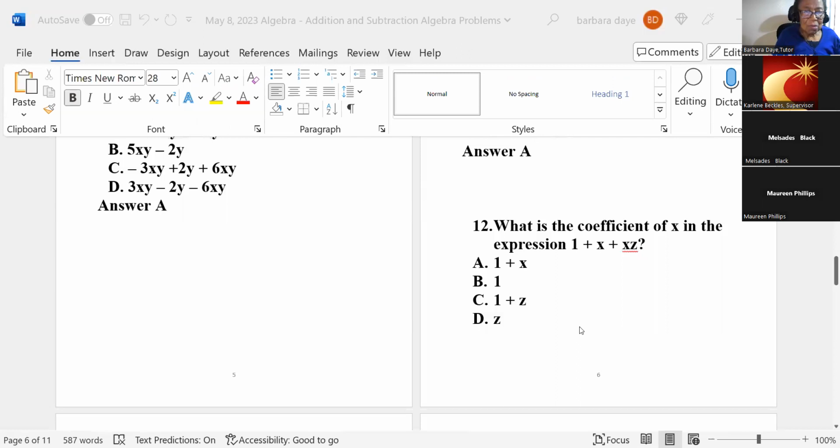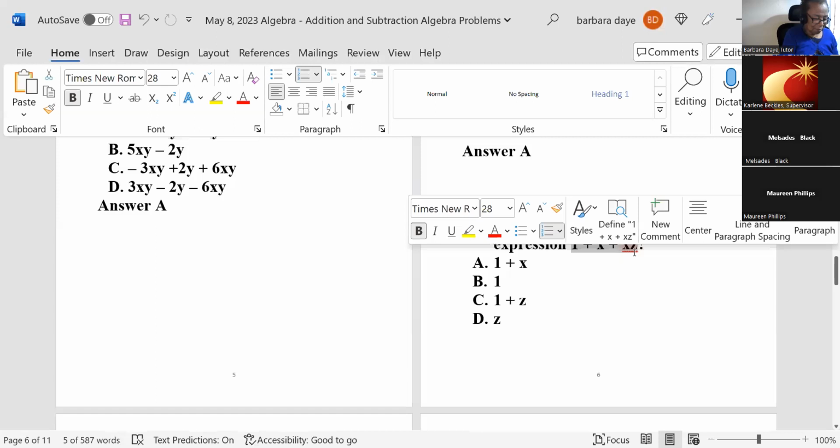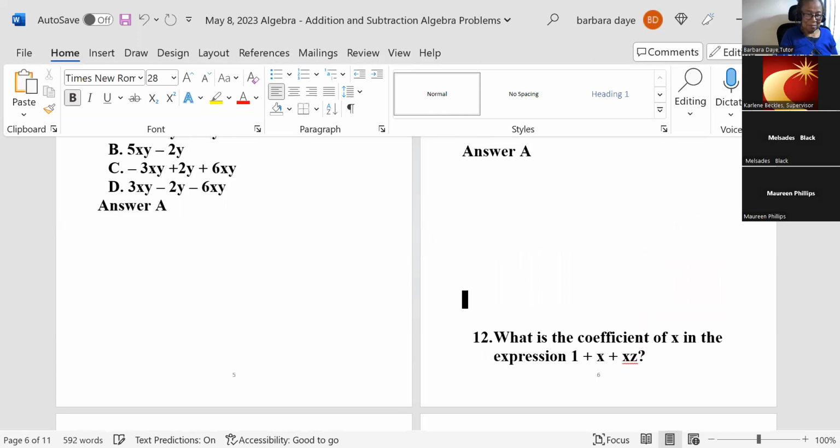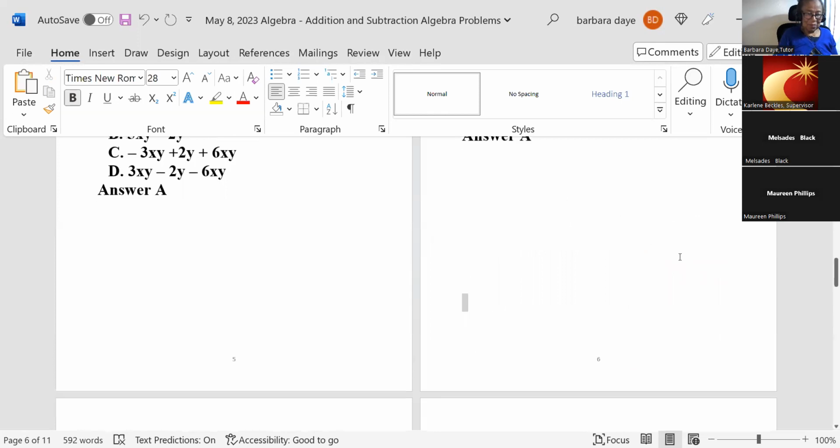What is the coefficient of x in the expression 1 plus x equals xz? That's a good one. I would say 1. One is a coefficient, but the variables are letters.